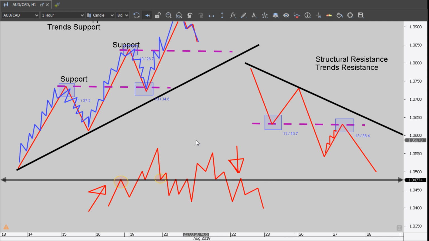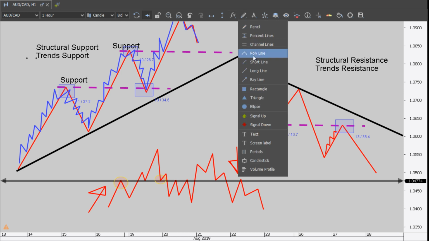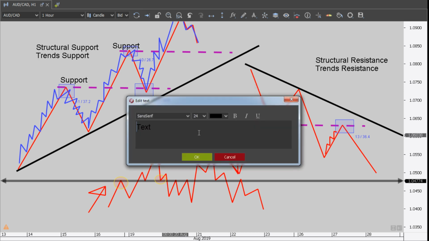And remember, you don't have pivot points on trends. This is the difference. You have just structural pivot points. No trends pivot points.